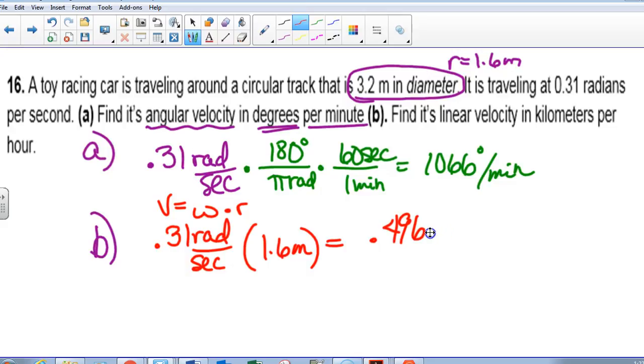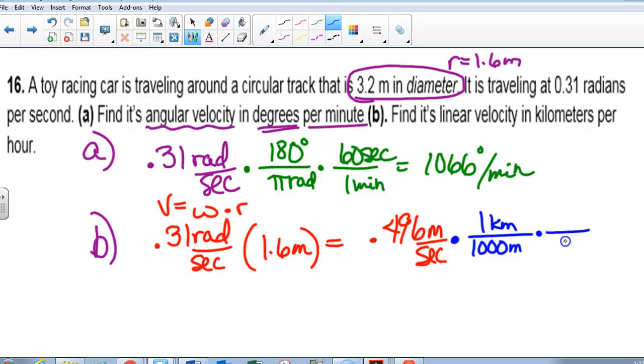Label? Meters per second. I'd be happy, except it wants kilometers per hour. Okay, meters to kilometers. Who knows that one? 1,000 meters is 1 kilometer.